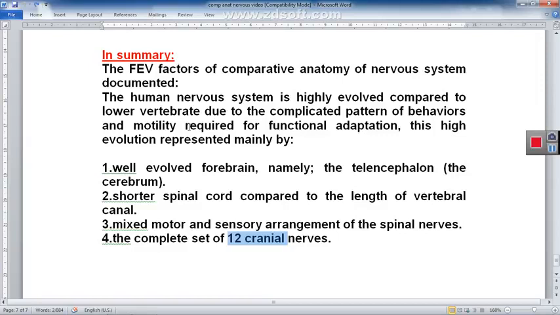That is because in early stages of development, all vertebrates have the same stages, the same morphological pattern of early development, but later on the development of the CNS goes according to the functional need, according to the environmental need. Some of the organs will be well developed, more advanced than the others, while other structures will show vestiges, with minimal evolution.